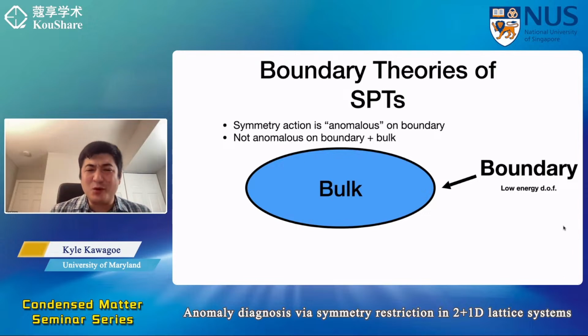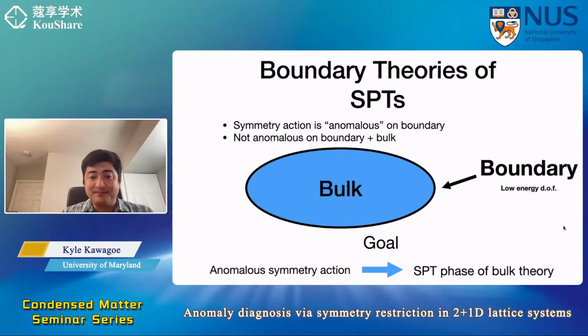So there's a correspondence between bulk SPTs and anomalous boundary theories. Our goal for today is to say, suppose you have an anomalous symmetry action in a 2+1D lattice model. Compute the SPT that you can use to cancel the anomaly if you put this 2+1D theory on the boundary of a 3+1D SPT.